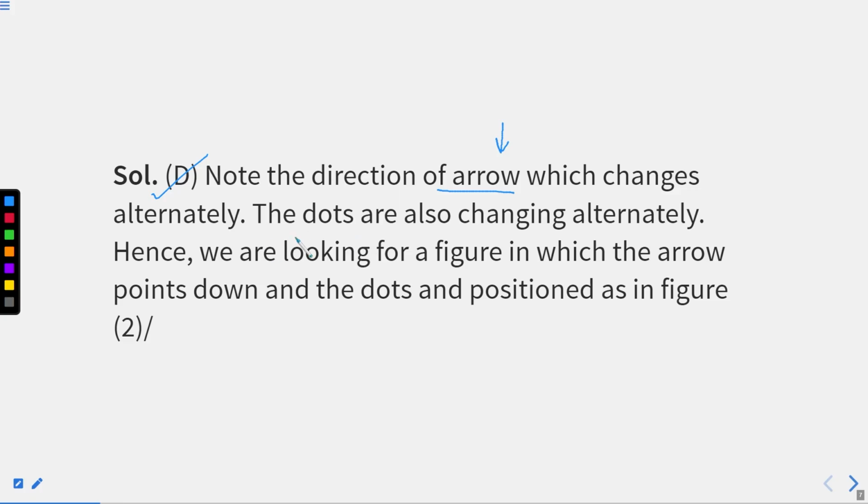We know that. Now the dots are also changing alternatively, right? Hence we are looking for the figure in which the arrow is pointing downward and the dots are positioned in quadrant number 1 and 3. This is what we are looking for. I hope this part is clear, right?